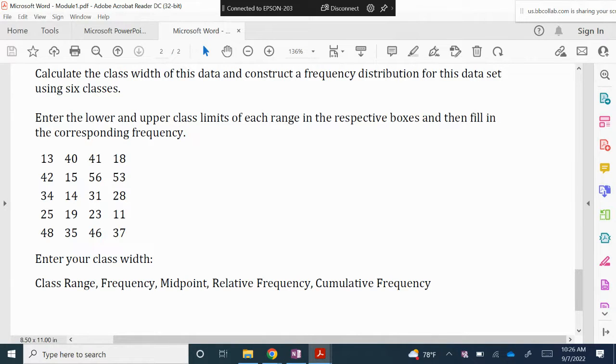We're going to have frequency. And then we're asked to find the class range, the frequency, the midpoint, the relative frequency, and the cumulative frequency.